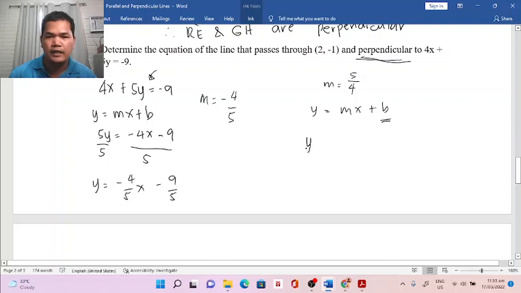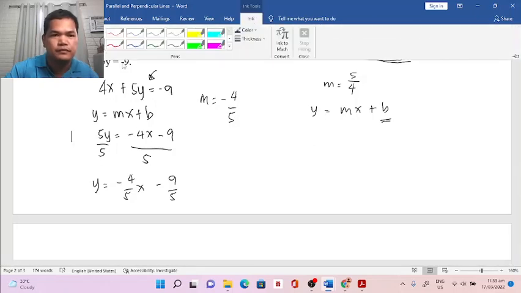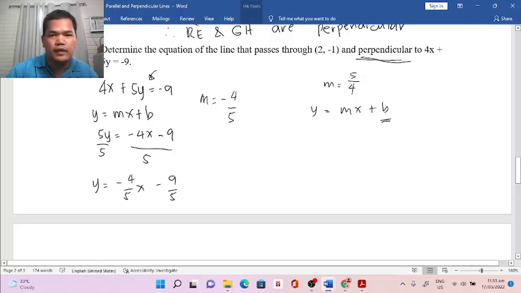So y = -1 equals 5/4 times the value of x, which is 2, plus b.